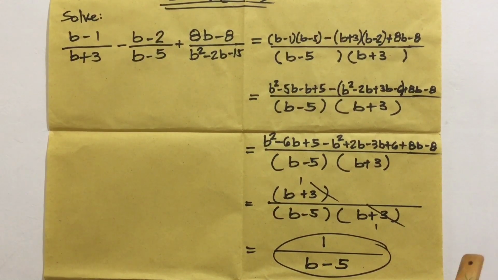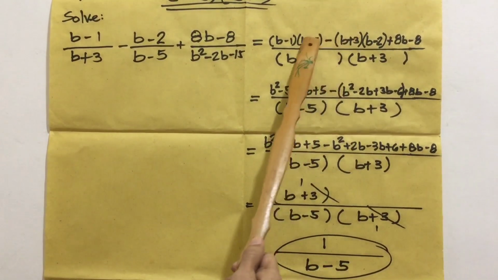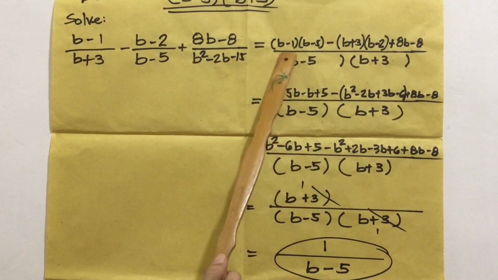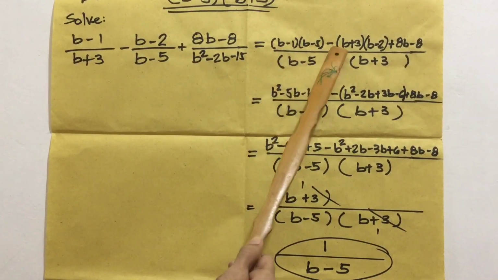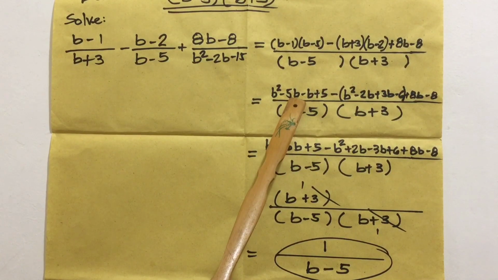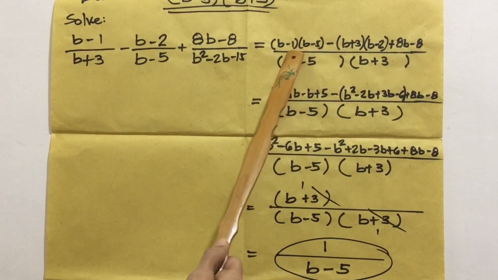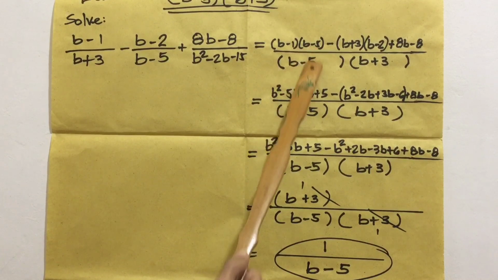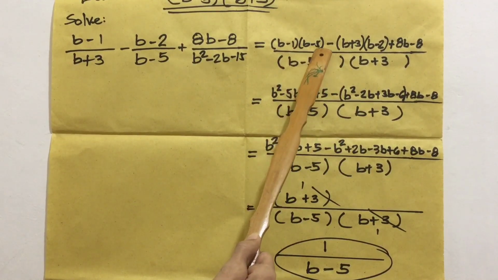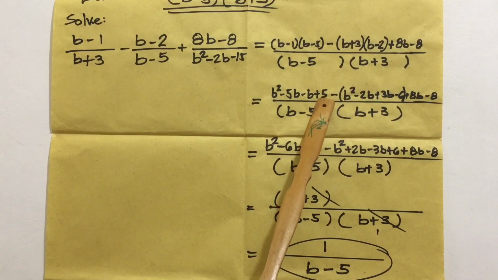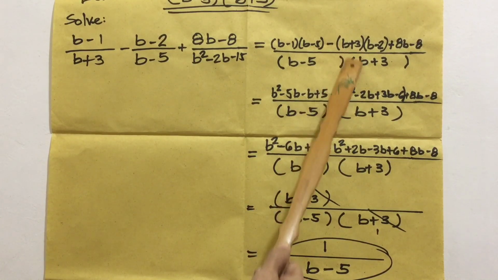We have to remove the parentheses of the numerator here. So it becomes now, if we multiply b times b equals b squared, b times 5, negative 5b, then negative 1 times 2 equals negative b, then negative 1 times negative 5 equals positive 5, and negative times b equals negative.